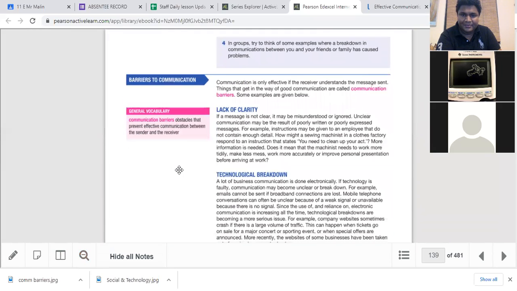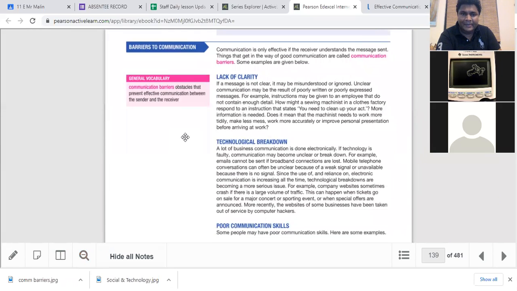We talk about communication barriers: normally obstacles that prevent effective communication between the sender and the receiver. That's a perfect definition of barriers of communication.